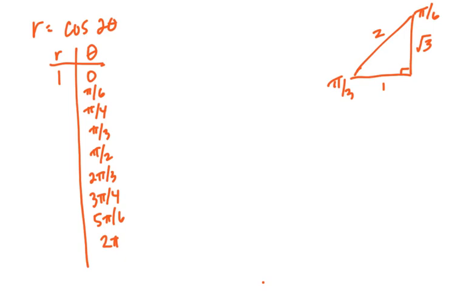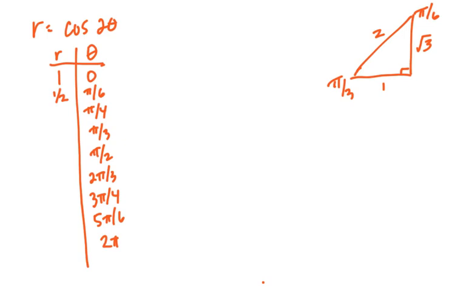So the cosine of pi over 6 is adjacent over hypotenuse. So the cosine of 2 pi over 6 reduces to pi over 3, and the cosine is 1/2. Pi over 4 times 2 is 2 pi over 4, which is pi over 2, so the cosine is 0.